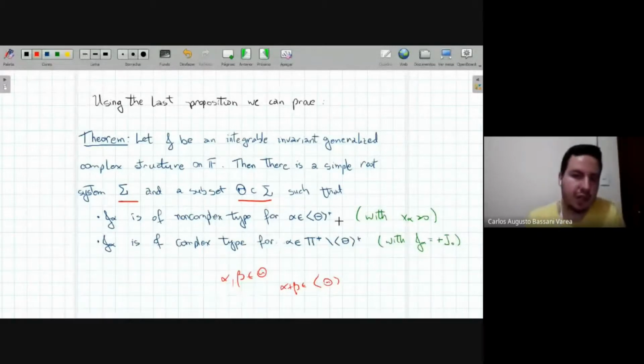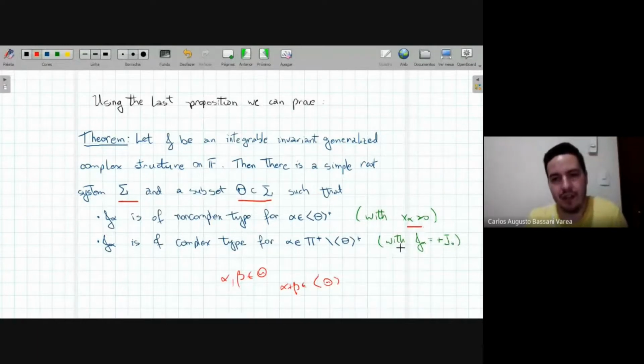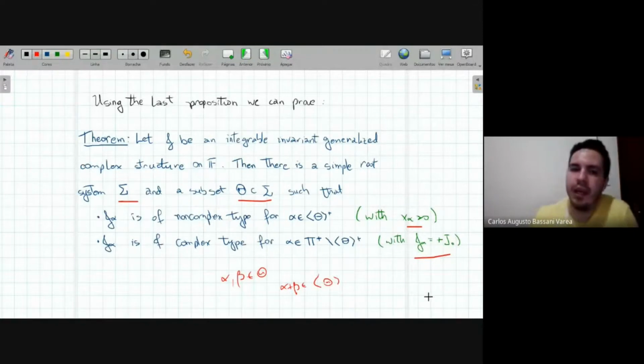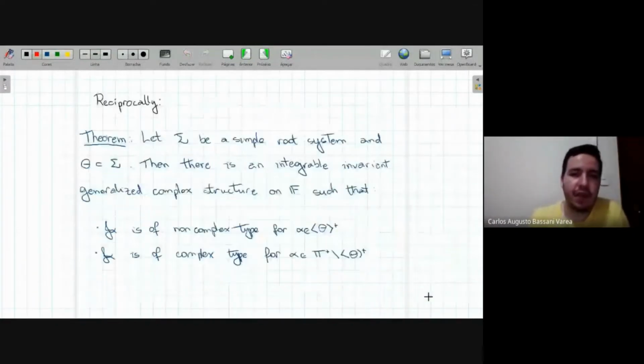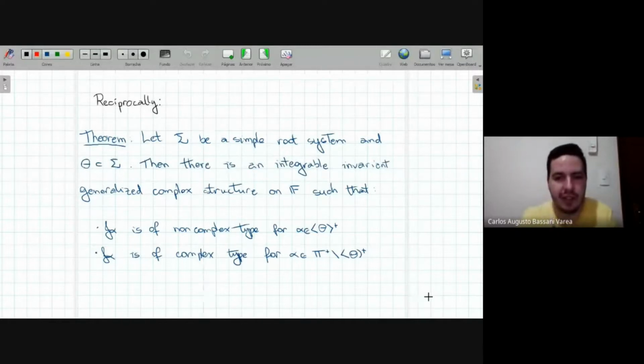If we consider only positive roots, we have positive sign for X alpha here and J alpha with positive sign here. And reciprocally, when we have a simple root system and a subset of it, we can construct an integrable invariant generalized complex structure satisfying these two conditions, so that J alpha is of non-complex type for the roots inside the generated by theta and of complex type outside there.